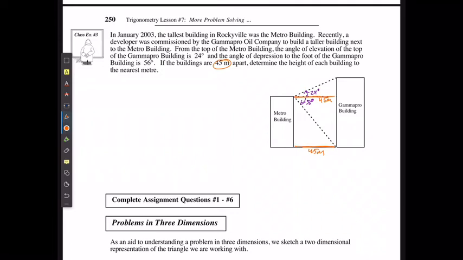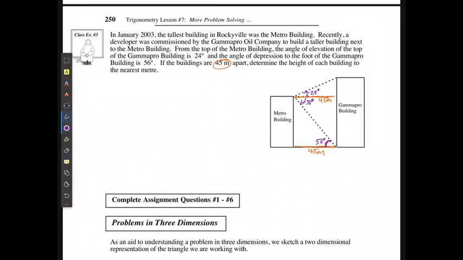Well, the first thing that I can say is if I know that the angle of depression here is 56 degrees, then the angle of elevation, if I follow that Z shape, is going to be 56 degrees.